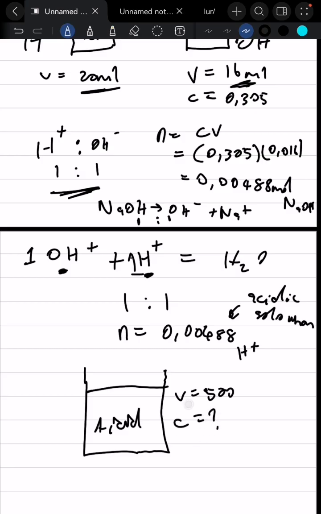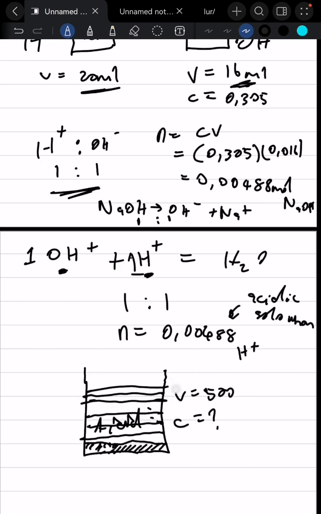If only 20 is neutralized, how many times must I multiply this 20 to neutralize this whole container?